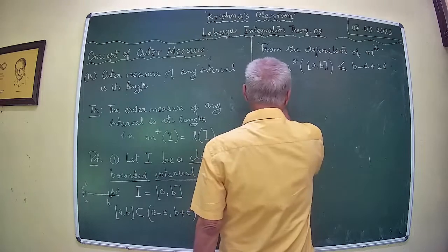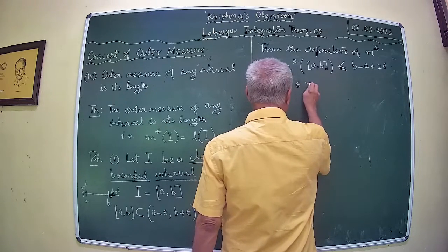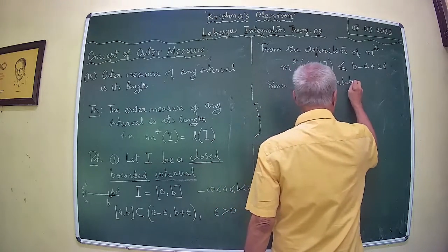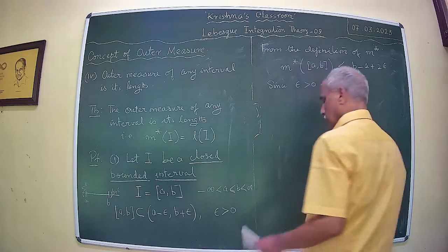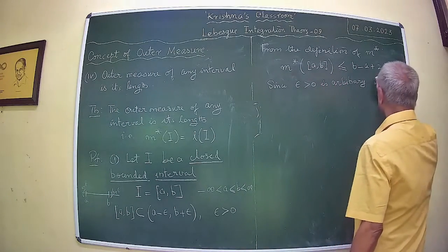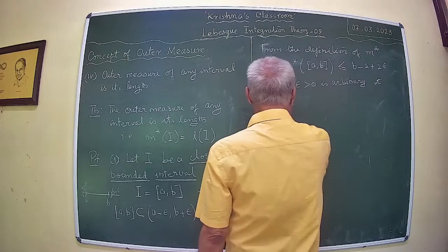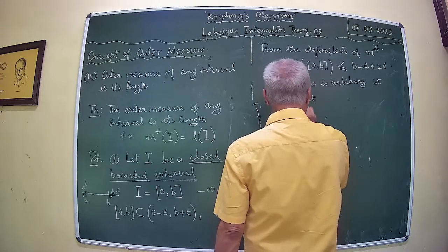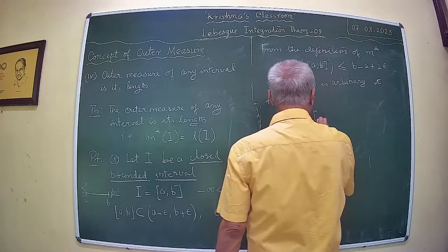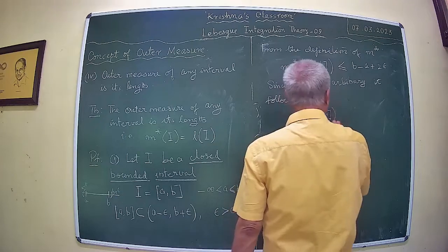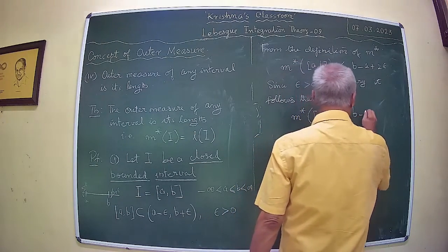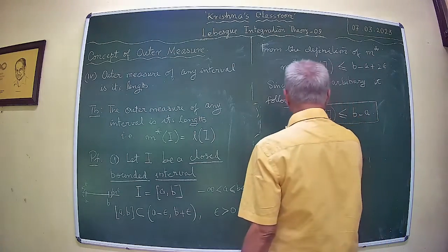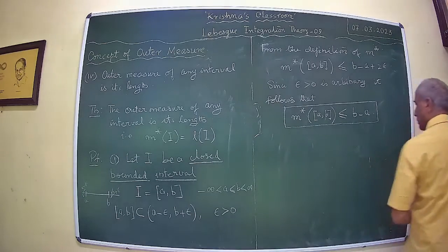So since epsilon is positive and arbitrary, it follows that m star of [a, b] is less than or equal to b minus a. Now this is one part of the equality; in fact, we want to get this equal to b minus a.